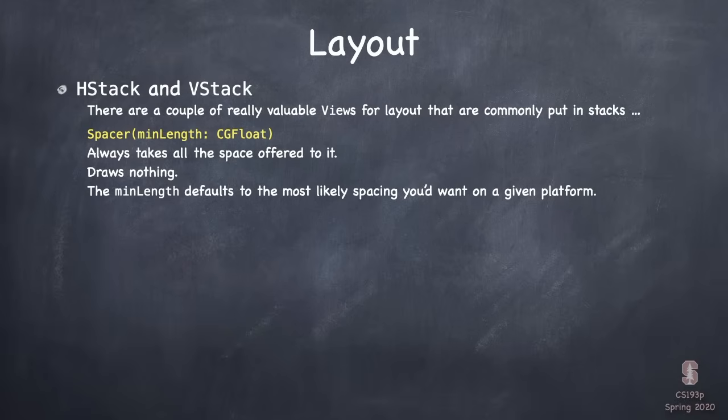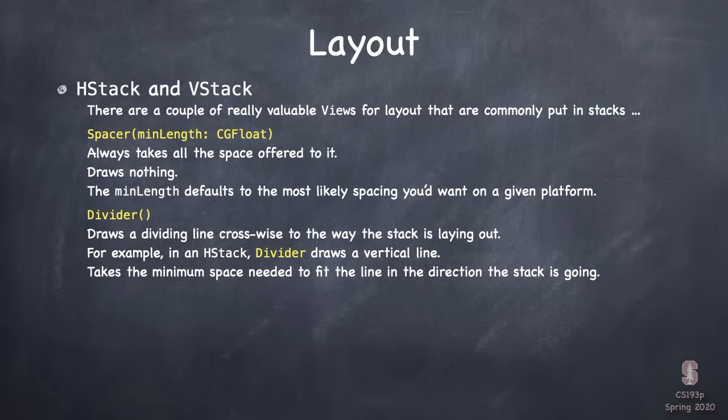So that's why we really want to try and use these defaults and not specify min length when we use spacer. Same thing with spacing on the HStack itself, right? HStack spacing, we don't want to do that. Even padding, generally it's fine to put padding, but if you start putting numbers in there and specifying exact paddings like we saw, you're defeating a little bit of the purpose of this platform independence. Now, sometimes you need it, you just do, but we try to use these defaults as much as possible.